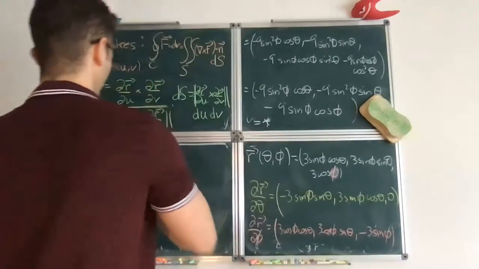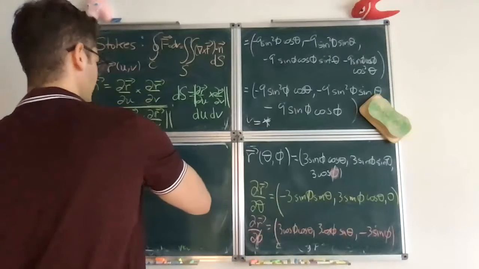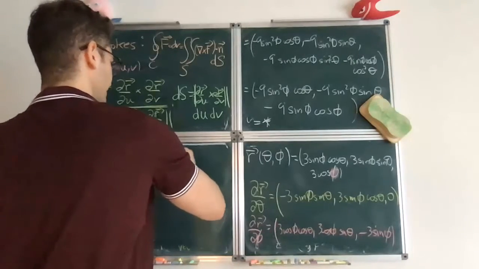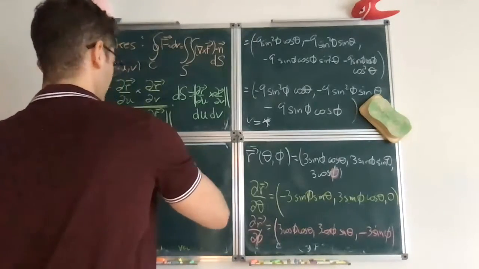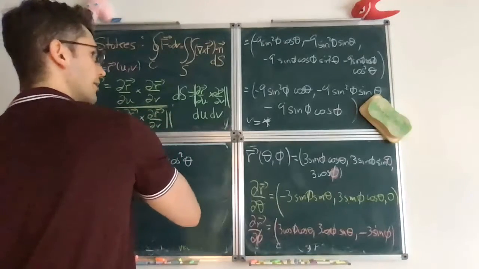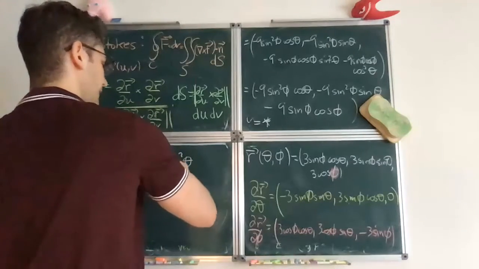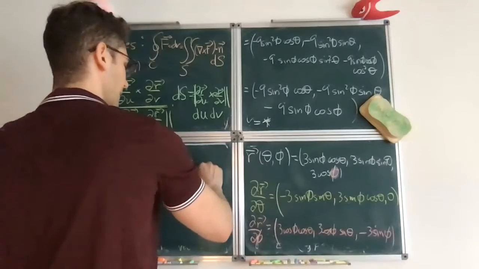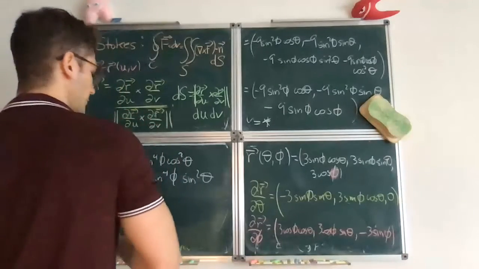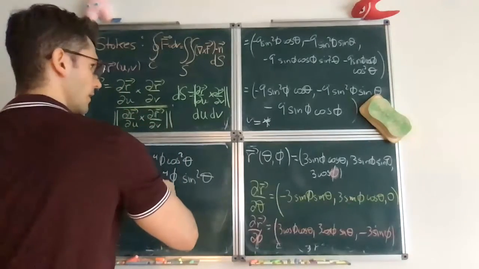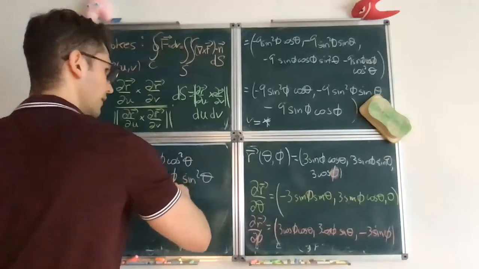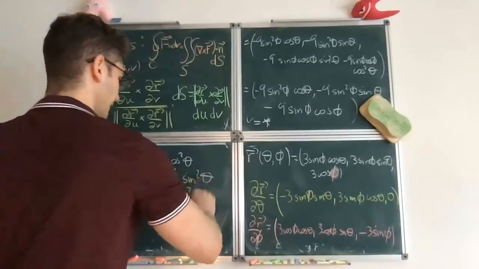Of 81 sine to the 4 of phi cosine squared of theta plus 81 sine to the 4 of phi sine squared of theta plus 81 sine squared of phi cosine squared of phi.